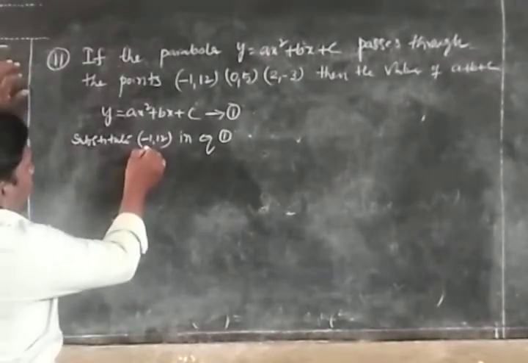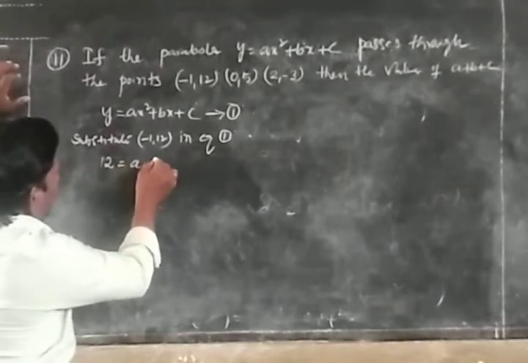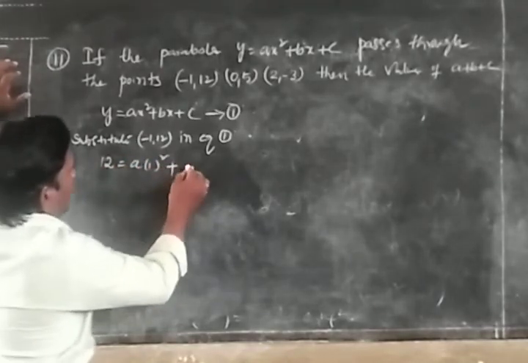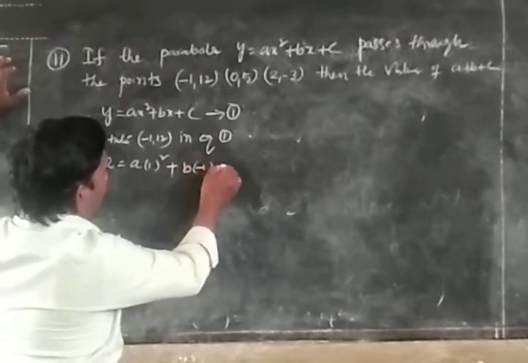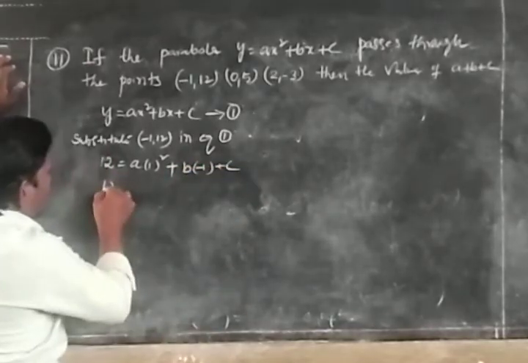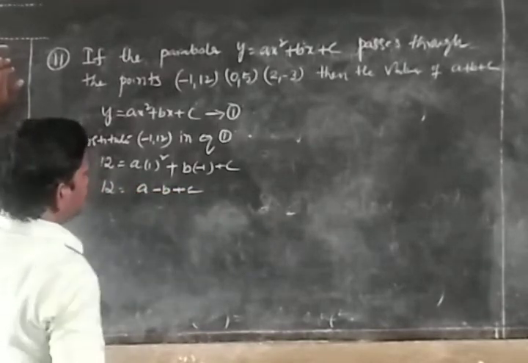Now x comma y, that means 12 equal to a into minus 1 whole square, b into minus 1 plus c. 12 equal to a minus b plus c.